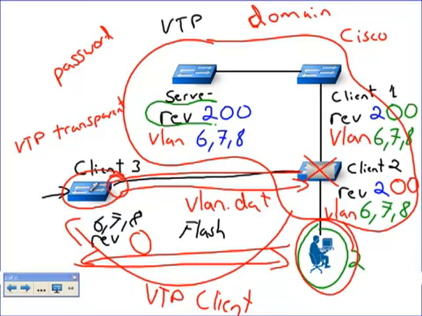Optionally, you can delete the vlan.dat. So the command is delete vlan.dat. But you have to make sure you reload that switch first to get rid of that file, and then you can start again. And of course, if you have any passwords configured, you need to make sure your device has got those configured also. So be very, very careful with VTP.